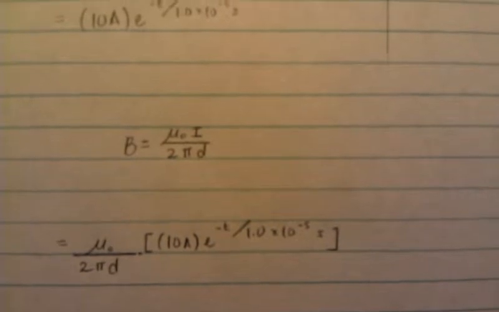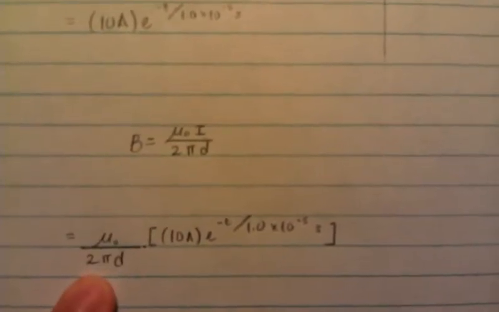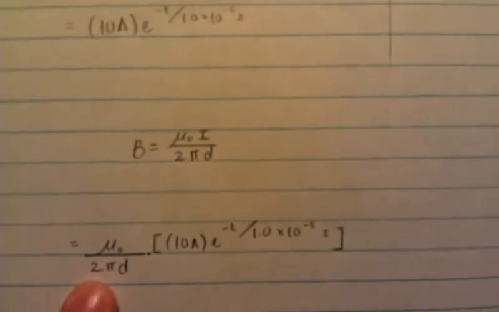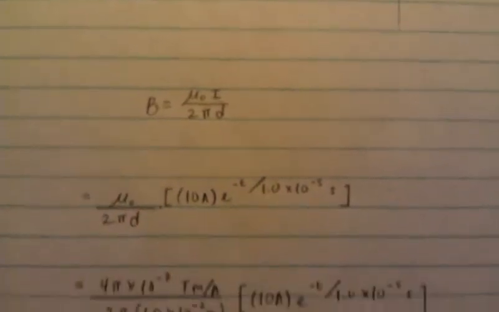And so we'll plug in what we found for current earlier, and we'll get mu naught over 2 pi d times 10 amps times e to the negative t over 1 times 10 to the negative 5 seconds.